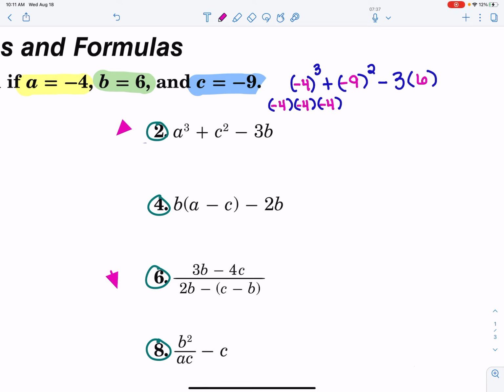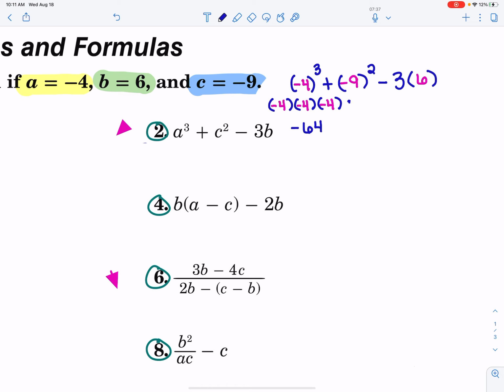So when we simplify that, negative times a negative times a negative is still a negative. 4 times 4 is 16. 16 times 4, well, think about this. 16 times 2 is 32. Double that is 64, so that's -64. Same thing with the -9 squared.